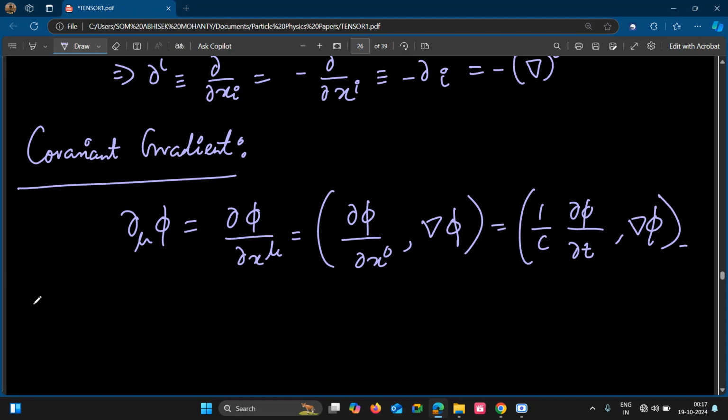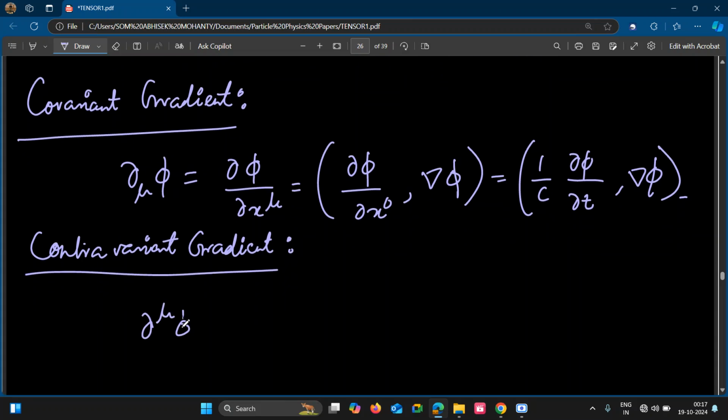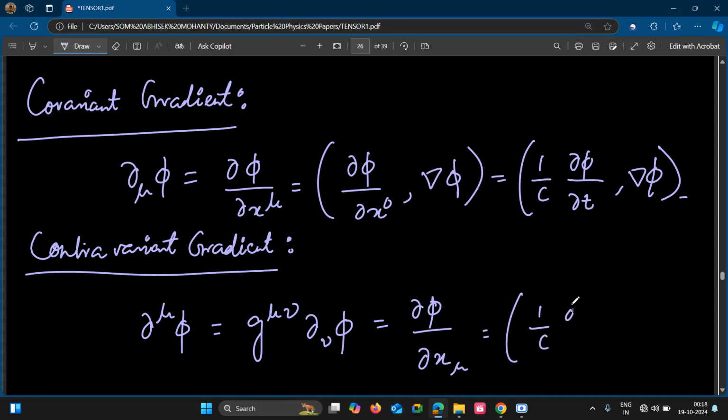This is the covariant gradient. Now the contravariant gradient will be what? The contravariant gradient will be del mu phi is equal to g mu nu, the geometric tensor, del nu phi. Nu cancels out and it's g del mu, and phi is equal to del phi by del x mu, which is again 1 by c del phi by del t, and this one will be a minus del phi.